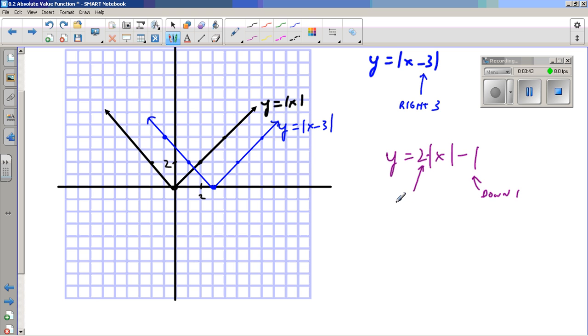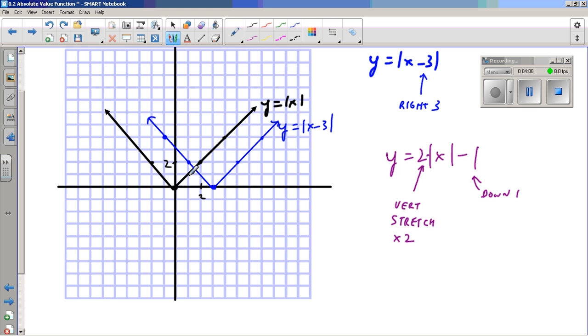So this is what we would call a vertical stretch, fancy math word, expansion, right? Expansion by a factor of 2. So that means all of the y distances are doubled. If I start with my original black one, all these distances are doubled.